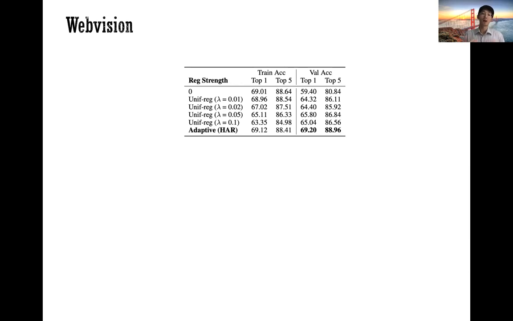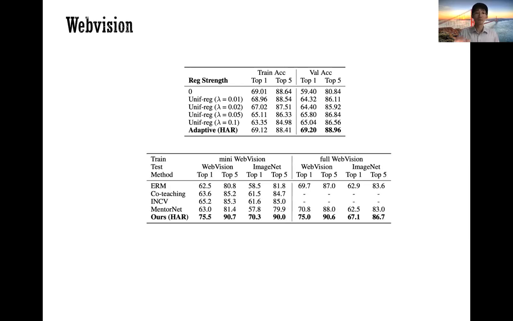However, if you use adaptive regularization, we can get better training accuracy and also better validation accuracy, just because we can use stronger regularization for those places where you can, and we use weak regularization for those places where you may underfit. And we also compare with some of the prior work that we can implement and run in sufficiently fast time, and we see we can get better results than the prior works.